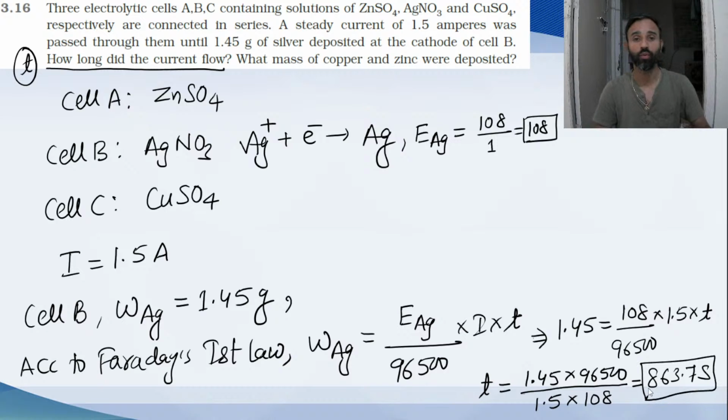Okay. Now next is what mass of copper and zinc were deposited. See, they are connected in series.